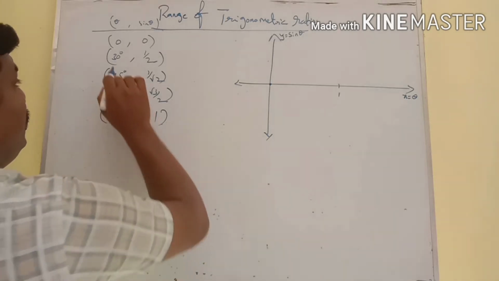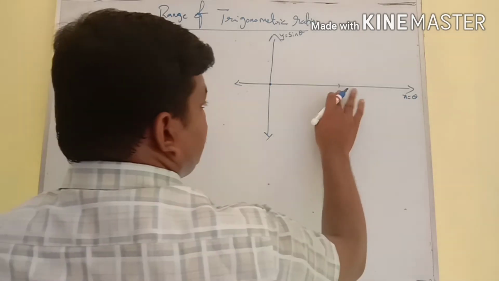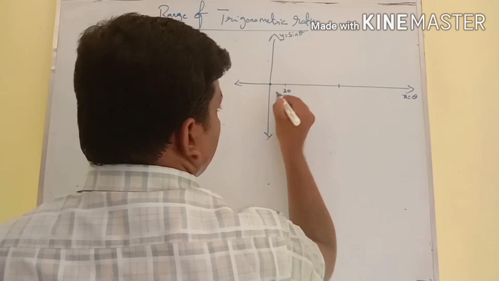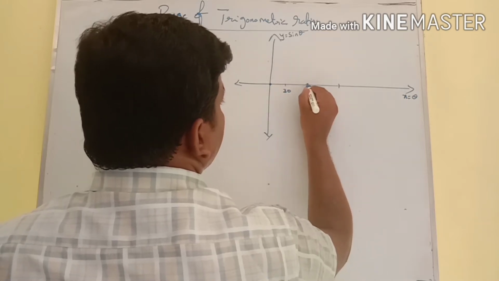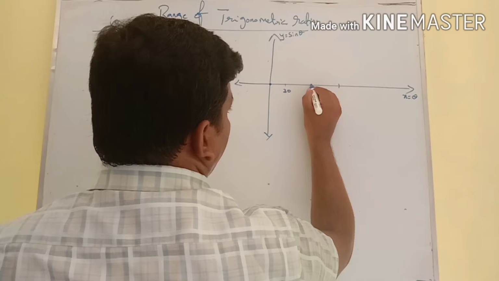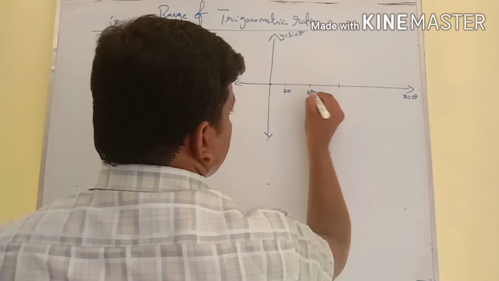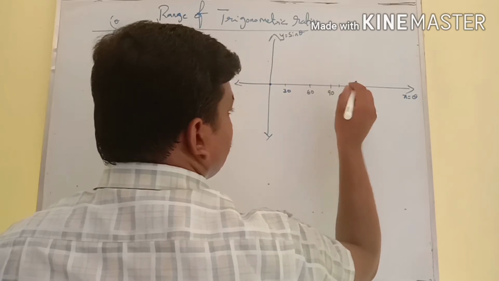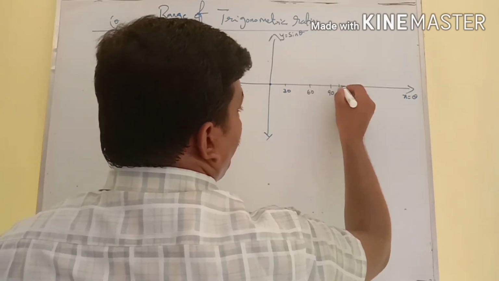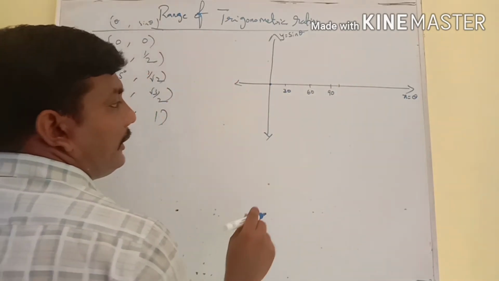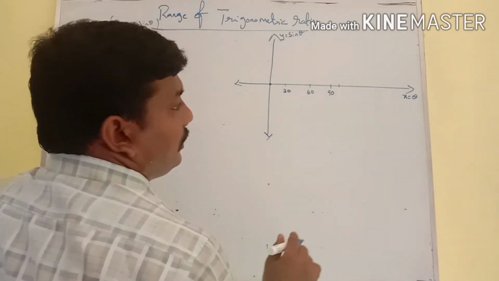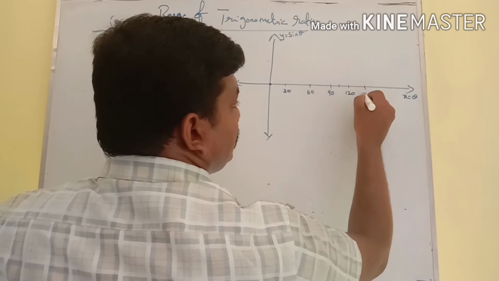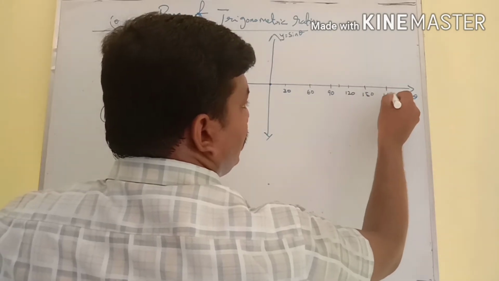Now on the x-axis we consider 30 degrees, then 60 degrees, then 90 degrees, then 120 degrees, 150 degrees, 180 degrees, like that.